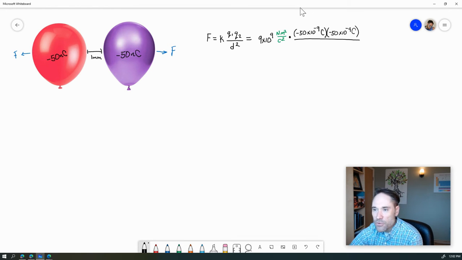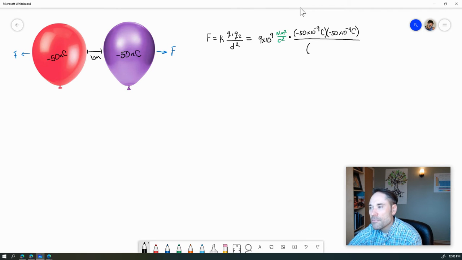by the distance between them squared. Now, actually, let's put this in, instead of 1 millimeter, as 1 centimeter. The reason for that is I would say this is a more reasonable distance between those two things. 1 millimeter is really quite tight, but even if you get it out at 1 centimeter, let's see what that would be.